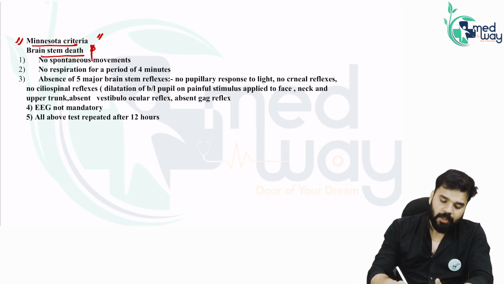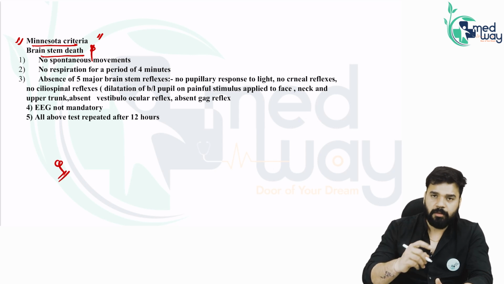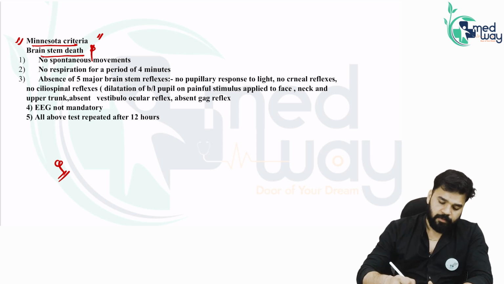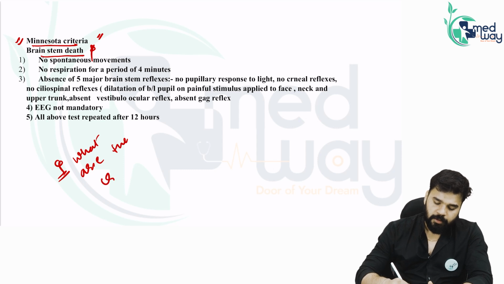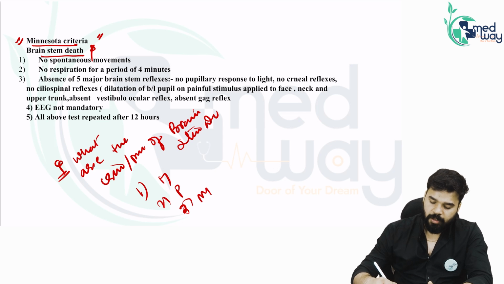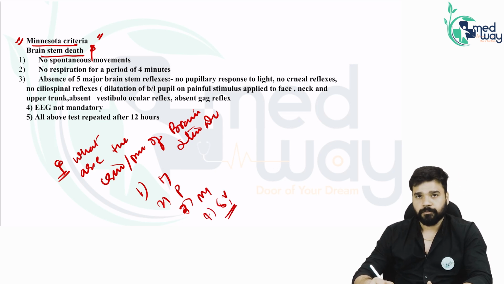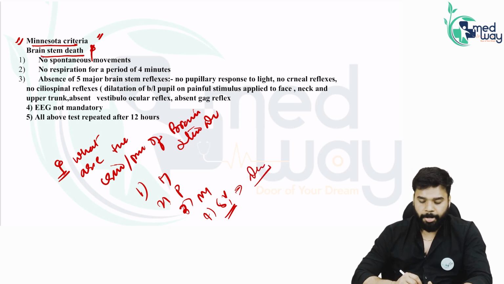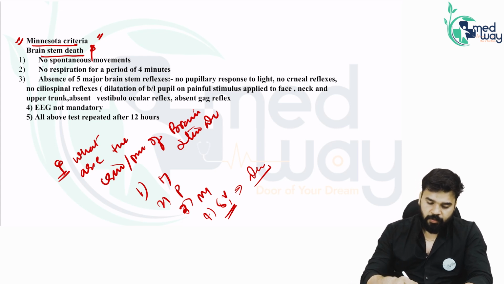So, there can be a question where they will confuse you by giving what are the criteria or protocol for brain stem death, and they'll give you all options: Harvard, Philadelphia, Minnesota and Sydney, whatever. There is one declaration of Sydney I will discuss after some time or in some other topic. Or they can give you all of the above.